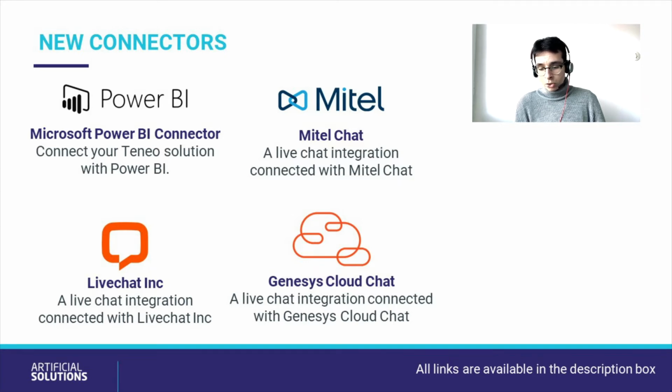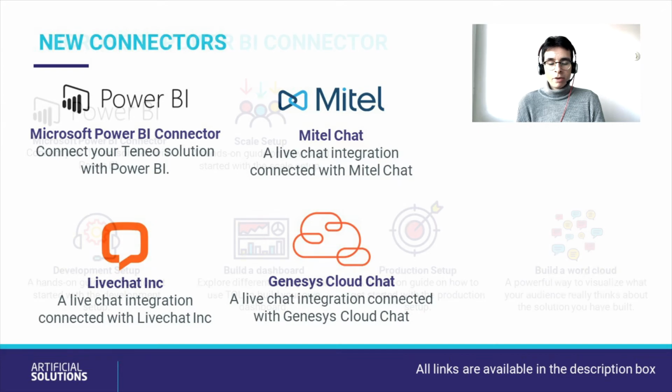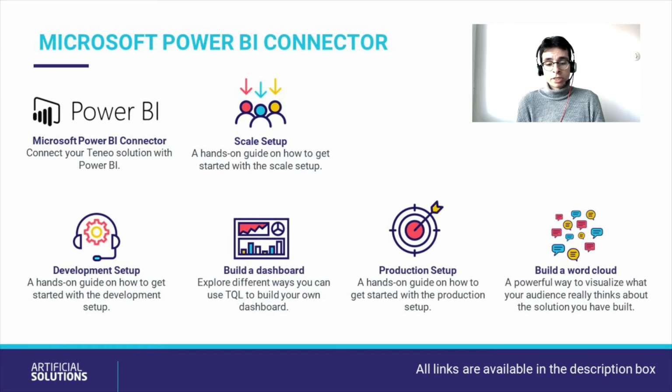And more for that, you will see in the next slide, as the Power BI connector comes together with the 6 following pages. If we start off from the top left, you will see a general page about the Power BI connector, where we give you a brief introduction to the connector. For example, we have added 3 different connectors that work under 3 different setups.